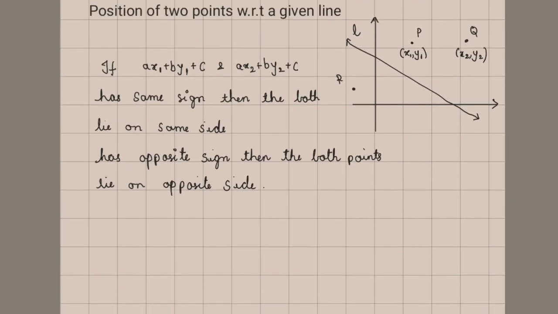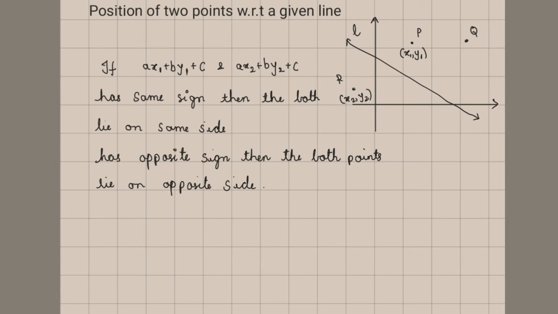Okay, so this is obvious from the previous, but we will give some formal proof which leads to another interesting result. See, let's say the 2 points P and R, let's say R is some x2 comma y2, are on opposite sides, or on the same side. Let's take these two are on opposite sides.